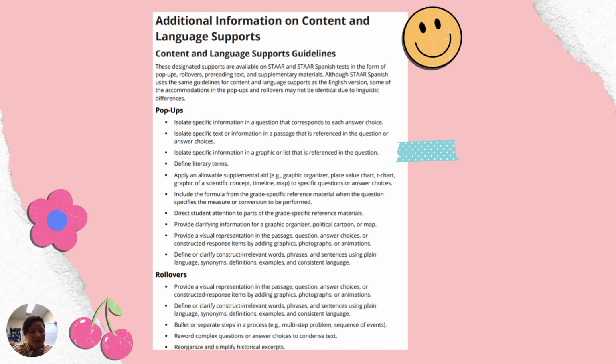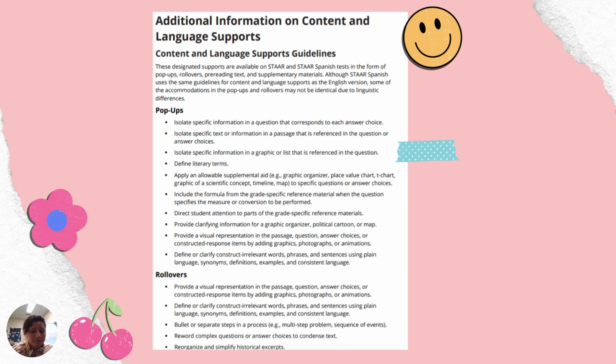It can direct student attention to parts of the grade-specific reference materials, provide clarifying information for a graphic organizer, political cartoon, or map, provide a visual representation in the passage, question, answer choices, or constructed response items by adding graphics and photographs or even animations. This would definitely be something that I would need.